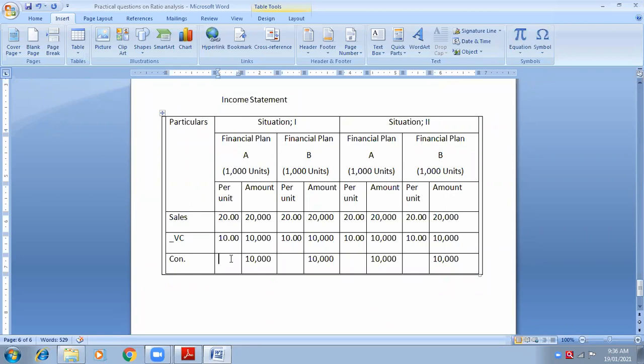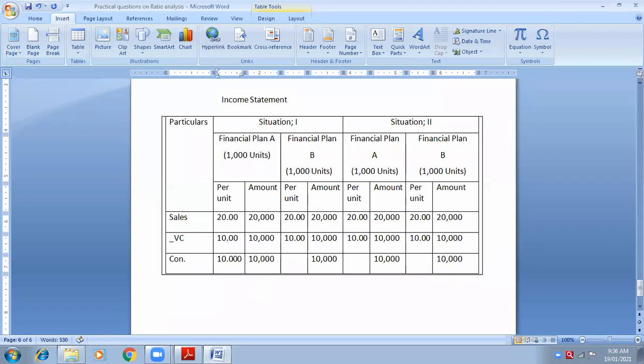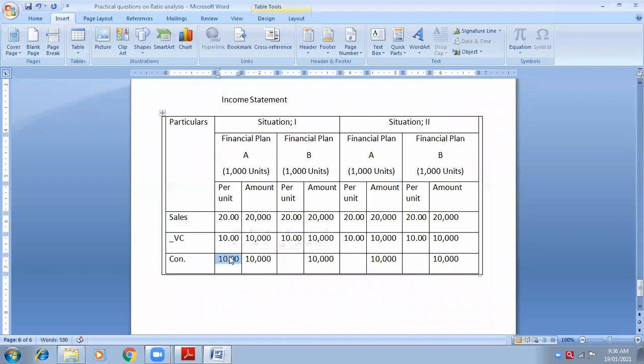Divide the amount by the number of units, divided by 1,000 units. Very good. So 10,000 divided by 1,000. So per unit it will be 10. How did we calculate 10 per unit? The amount has to be divided by the number of units. So 10,000 divided by 1,000. Simple.